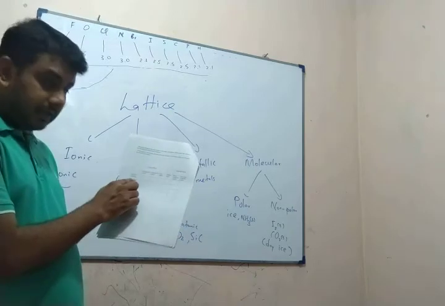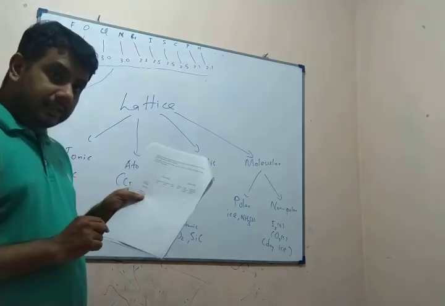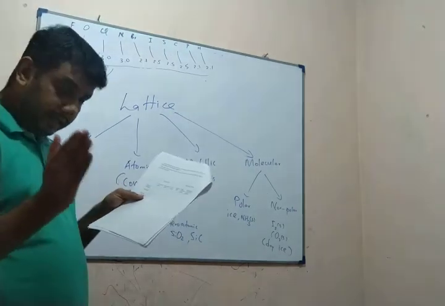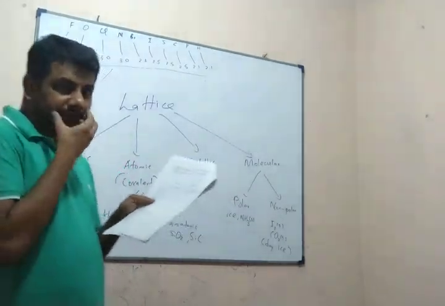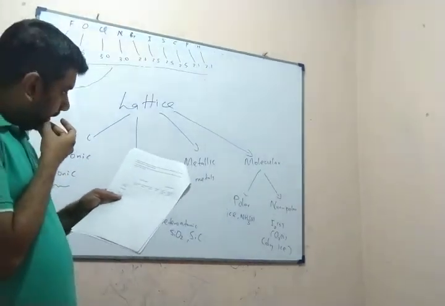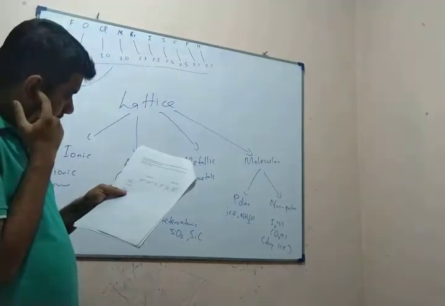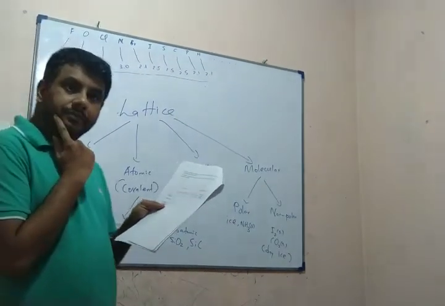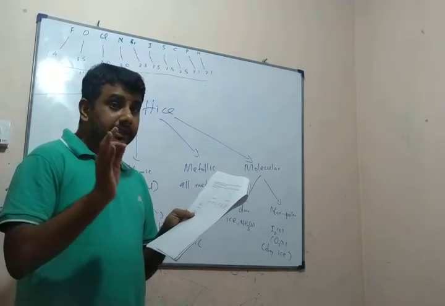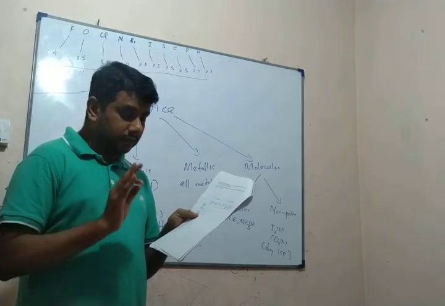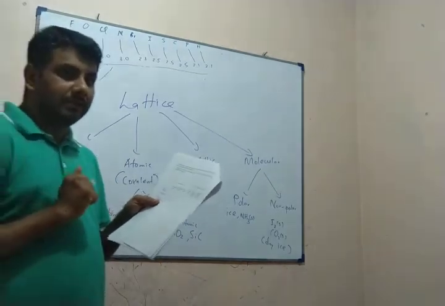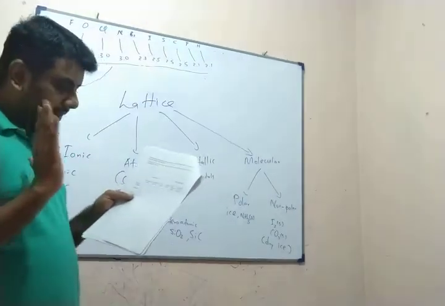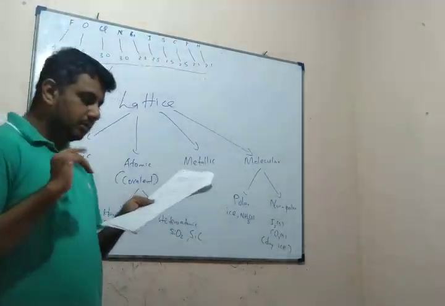First row, I'm reading the first row. Ionic lattice: cations and anions. Metallic lattice: metallic cations and electrons, free or delocalized electrons.